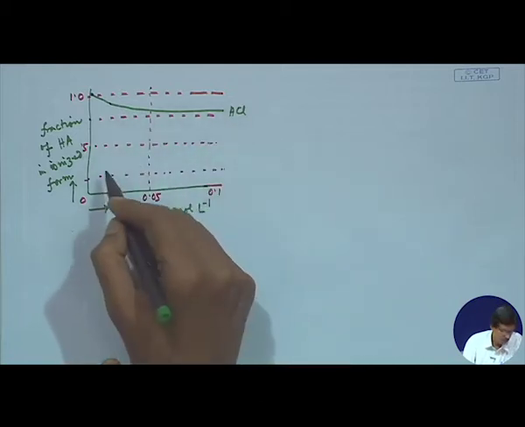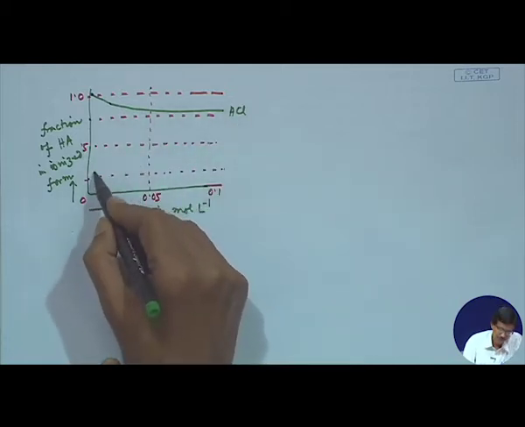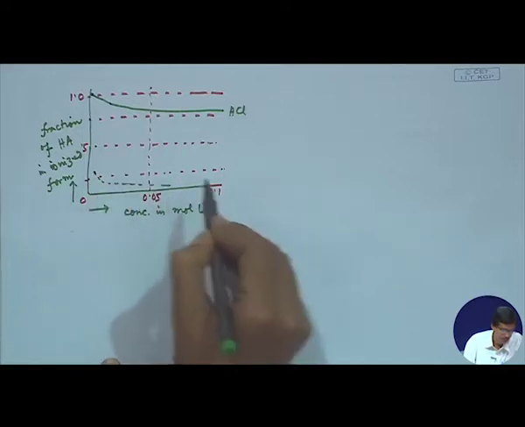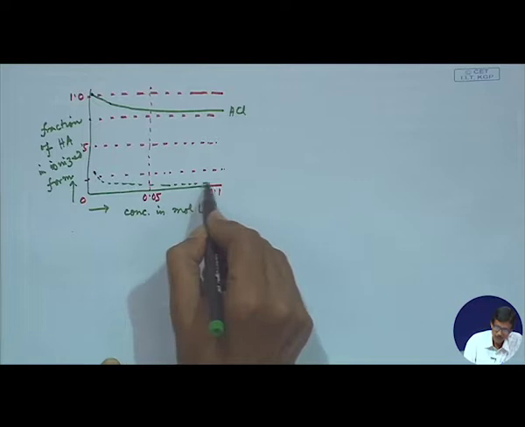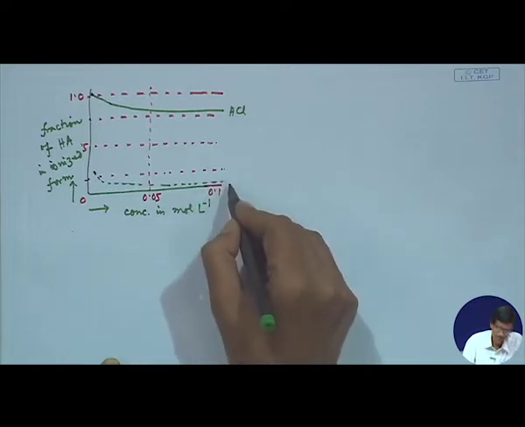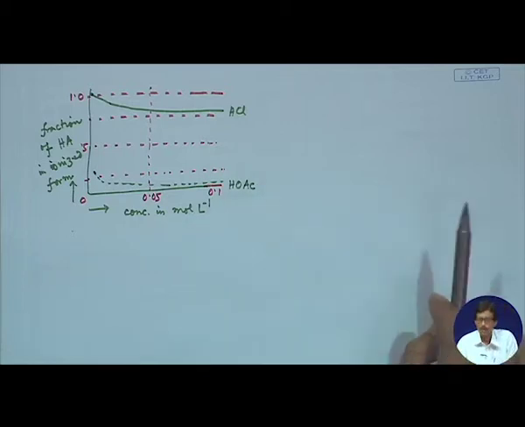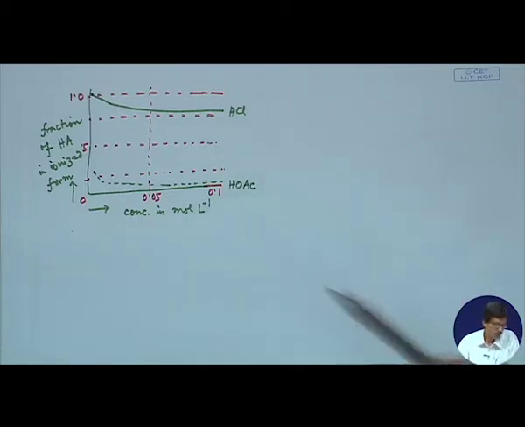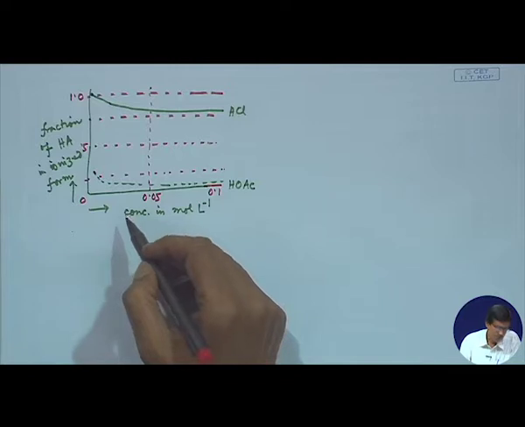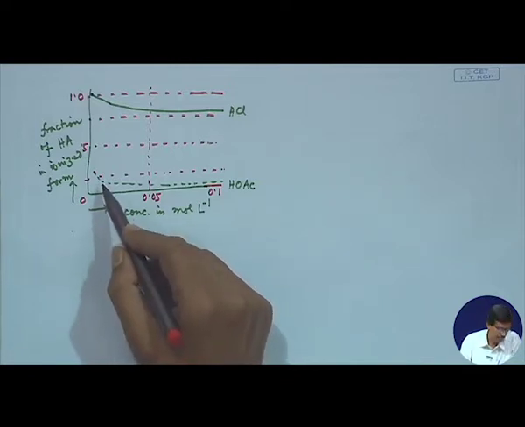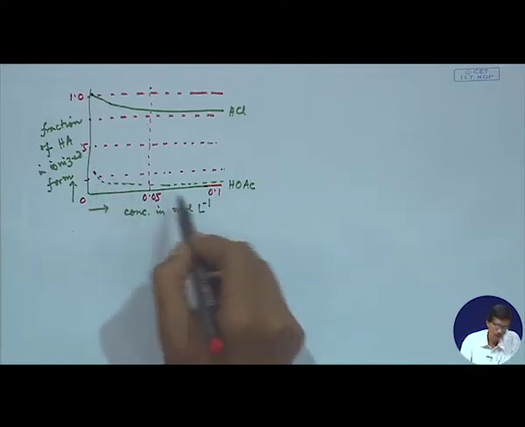But what about acetic acid? By definition we all know this is the corresponding weak acid, so its curve goes like this, and this is your acetic acid. The extent of dissociation in this case depends strongly on the concentration.